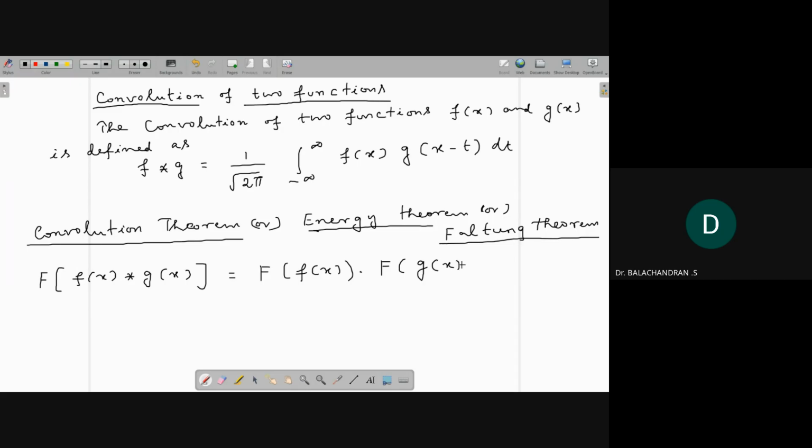So this is the statement of the convolution theorem, or you can say this is equal to a function of s, f of s, into another function of s, I'll say g of s. So this is a statement of the convolution theorem.